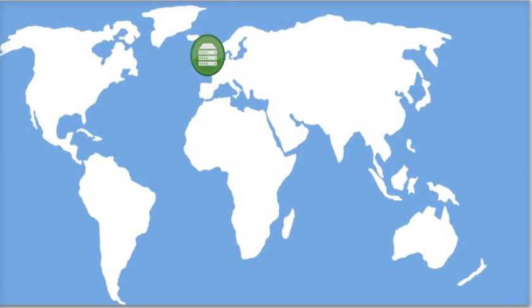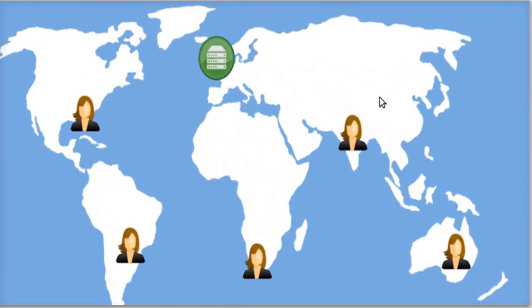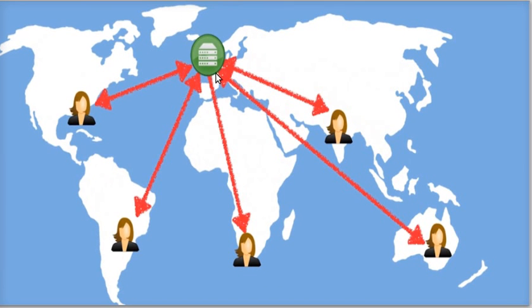So moving ahead, here we can see that there is a server located at a remote location, and these are the users at different locations who want to access a file from that server. For that access, they will send a request to that server, and after that the server will send the requested file back to the users at the remote locations.